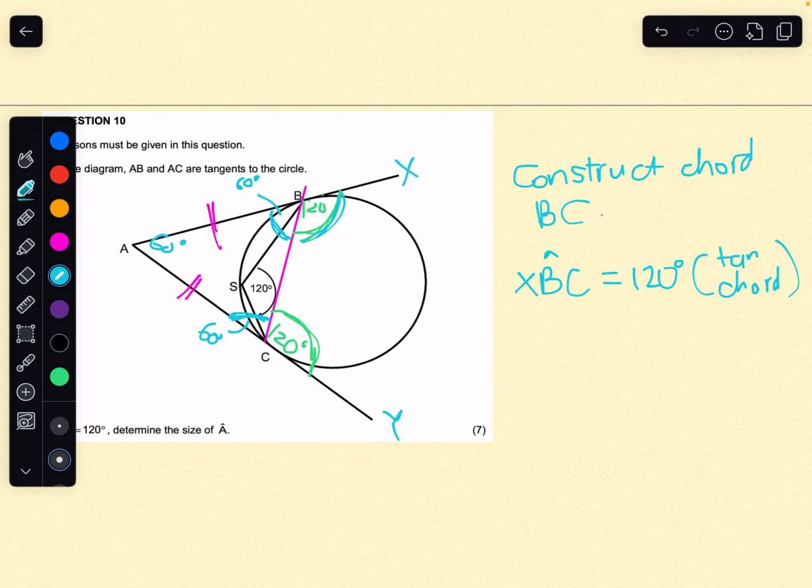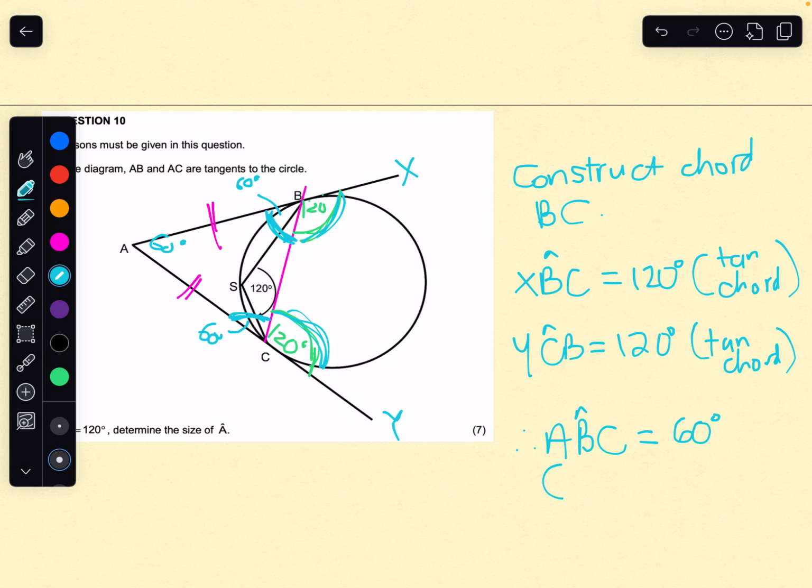And similarly, angle YCB is equal to 120 because of tan-chord. Right? And then from there we would say this angle, angle ABC is equal to 60, and that's because of angles on straight line.